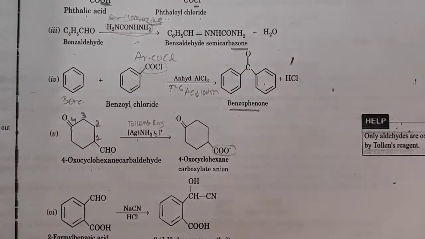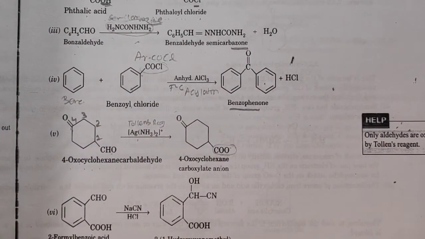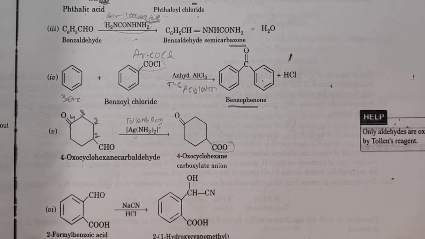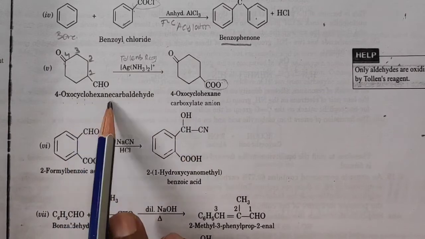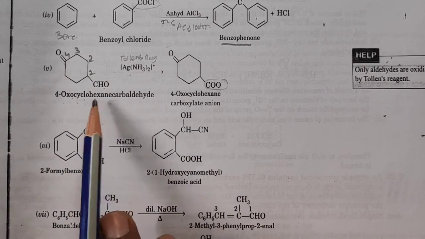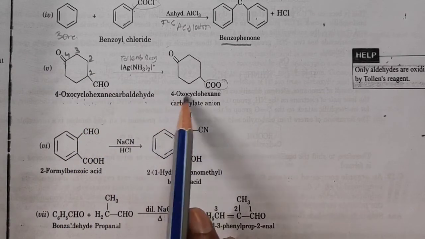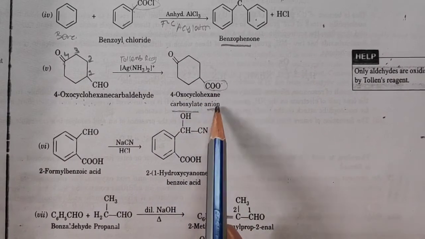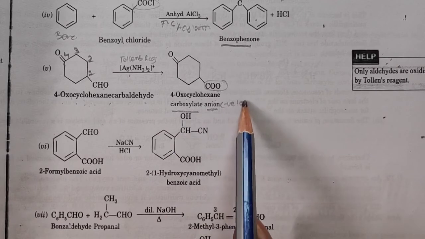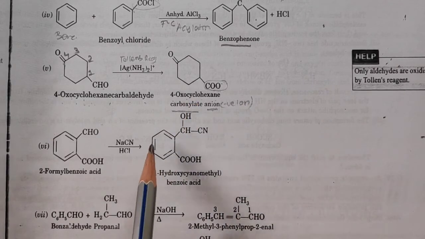Ketone group. So 4-oxocyclohexane carbaldehyde gives 4-oxocyclohexane carboxylate anion. This is the anion, a negative ion, right? So this is what you get as a product.